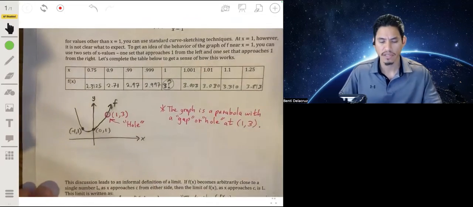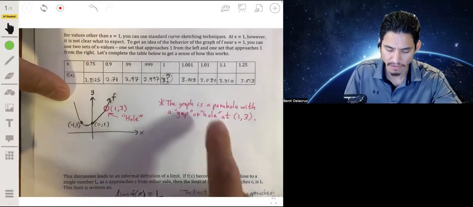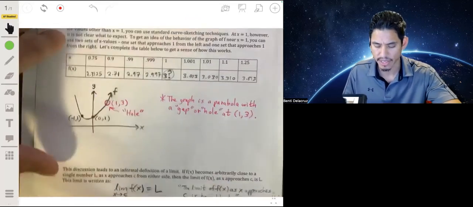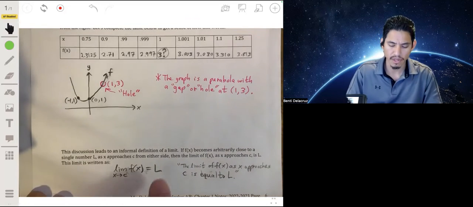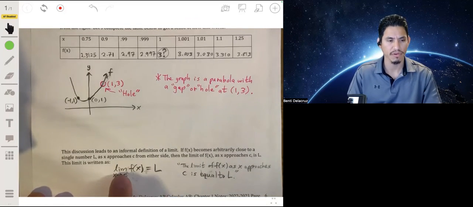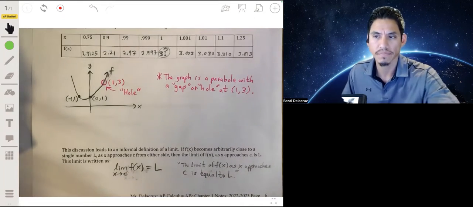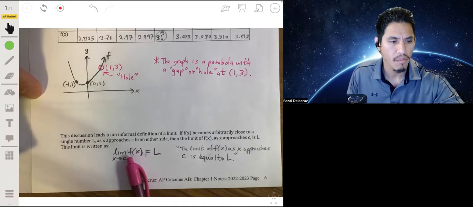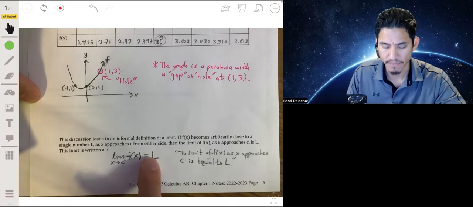Oh, before that, when we're talking about limits, we have the limit of this function as x approaches 1. We say the limit as x approaches 1 here is equal to 3. So we have this notation. We abbreviate limit with just LIM. And so we're basically saying as we get very, very close to point C, it's going to equal some value.